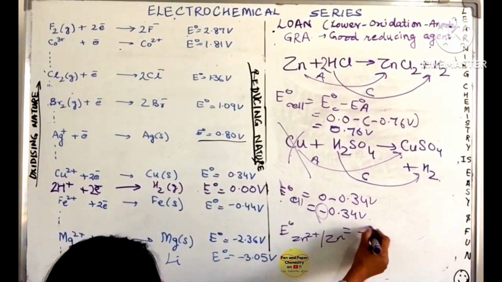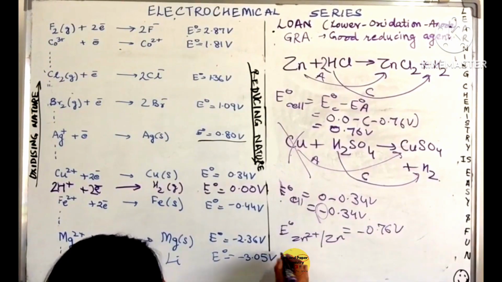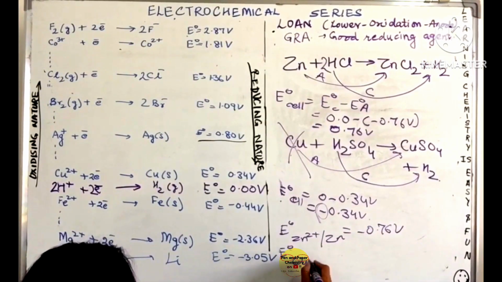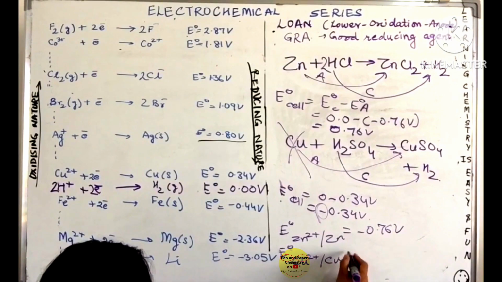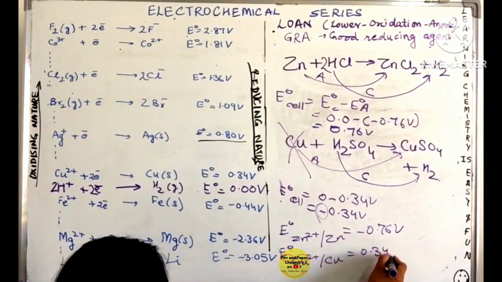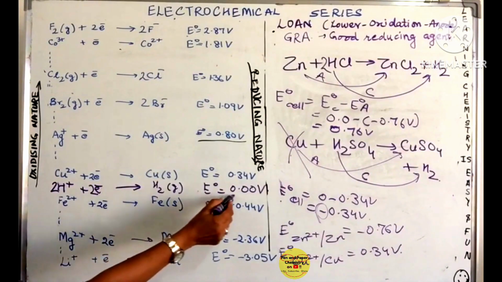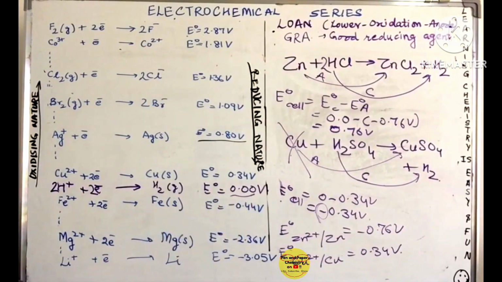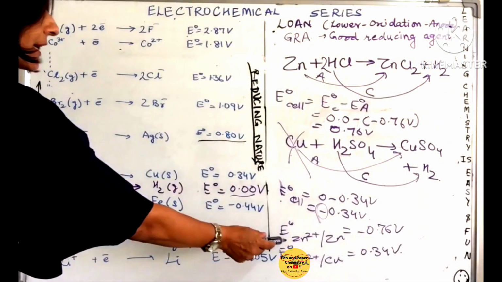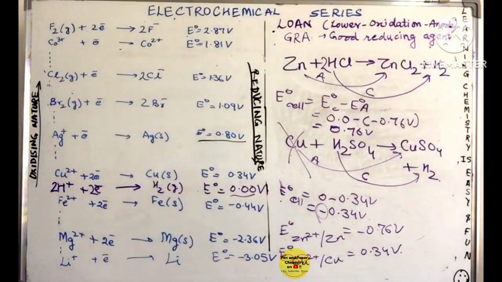Now just look at the standard reduction potential of zinc and copper. From this, what generalization can you make about the behavior of metals to displace hydrogen from its compounds? Remember, the electrode potential of hydrogen is 0. Yes. Negative reduction potential means the metal will displace hydrogen from its compounds.